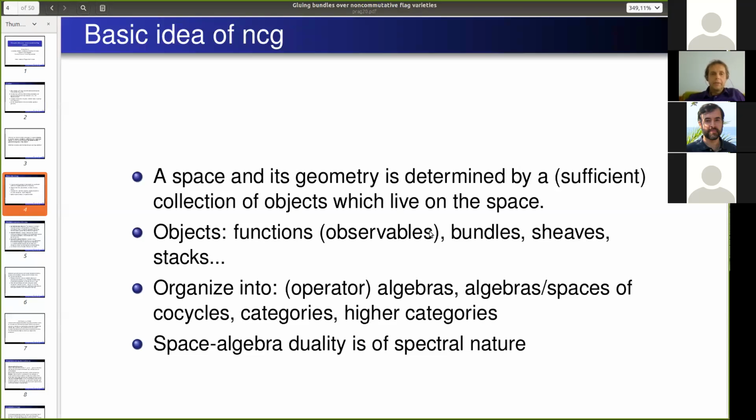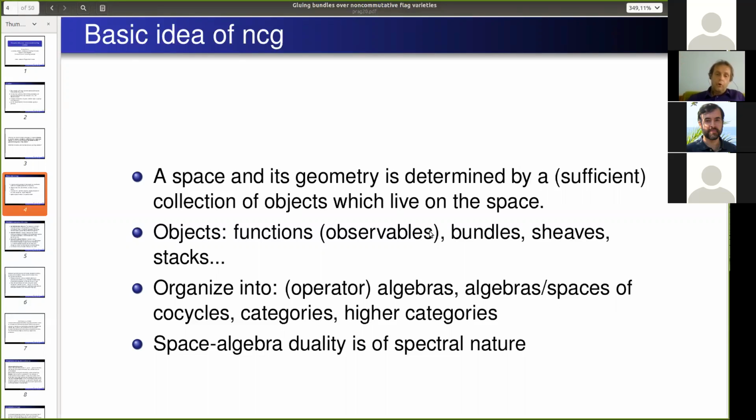And now I want just to repeat for people who are not in non-commutative geometry, some of you are, what is the basic idea of non-commutative geometry: that the space and its geometry is determined by collections which live over the space. So there are various kinds of objects which live over a space: functions, observables in physics, bundles, sheaves, quasi-coherent sheaves, higher sheaves like stacks, and so on.